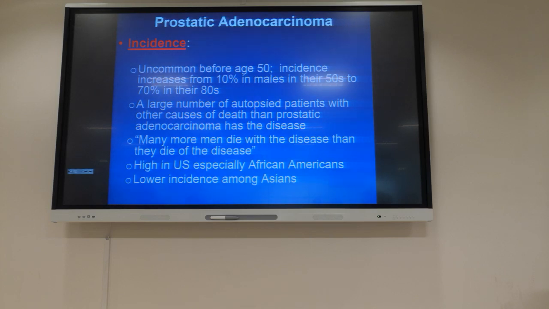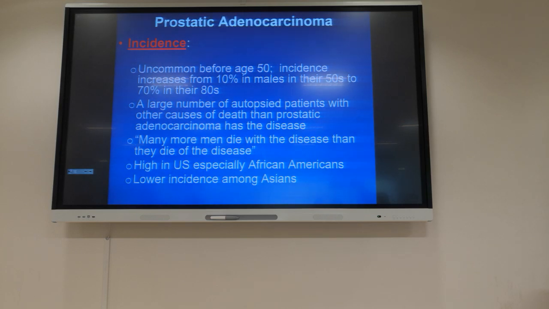You will see everything that was done to the patient in a single exam during autopsy. So they will do the autopsy, and an incidental finding will be the presence of this prostatic tumor, usually small foci in the patient.